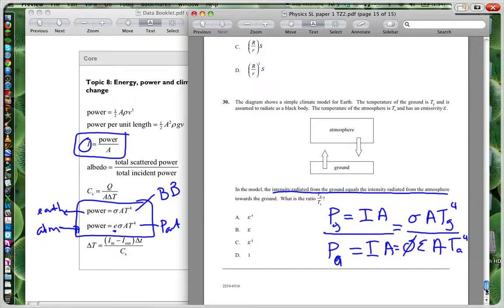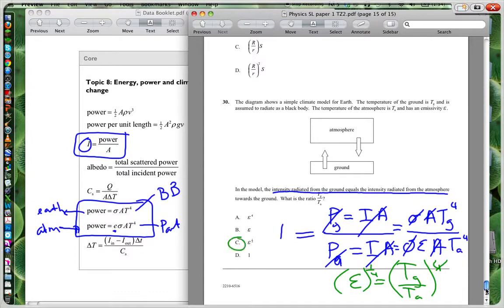So this cancels, this cancels, this cancels, this cancels. This will all equal 1. So we're going to get that e is equal to Tg over Ta to the 4. So obviously I'm going to have to do that to a quarter to cancel that out, and I will get this one over here, which will be C, e to the 1/4. Alright, so it's very important that you know all your terms, what all your terms mean in these.